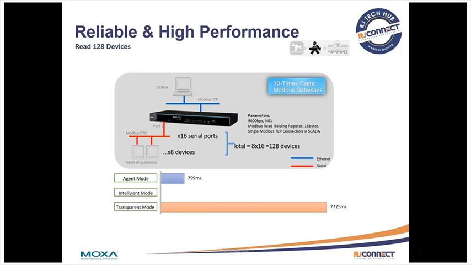With agent mode, using the tedious process of configuring each Modbus request manually, we get up to 800 milliseconds or so. With intelligent mode, it's about 840 milliseconds for up to 128 devices. So intelligent mode has almost the same performance as agent mode without the complicated configuration.